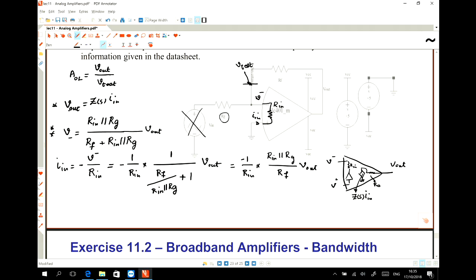And I know that the V out is ZS times I in.